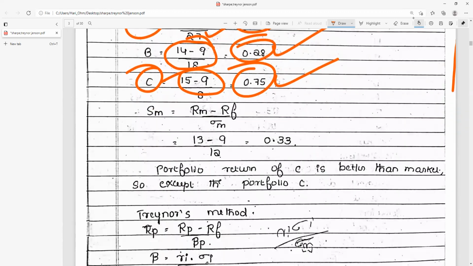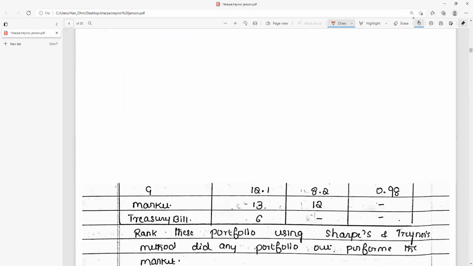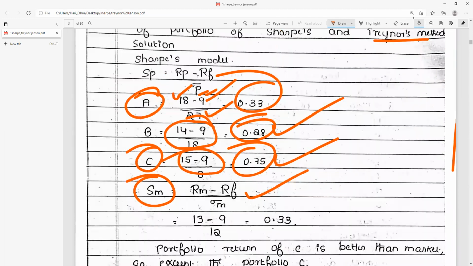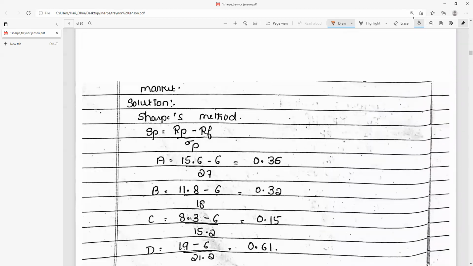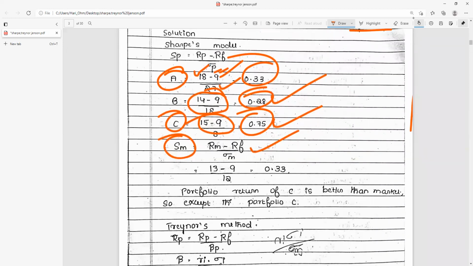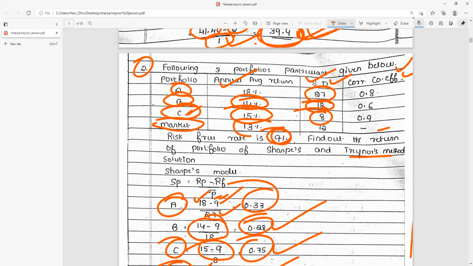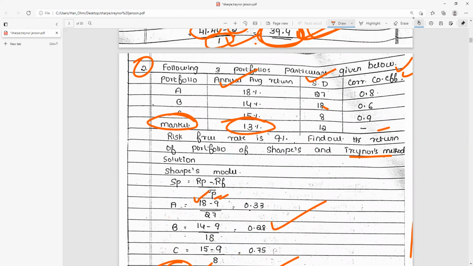Next, for the market you have to calculate RM minus RF divided by standard deviation M. Market return is given, that is 13%, and standard deviation M is 12.